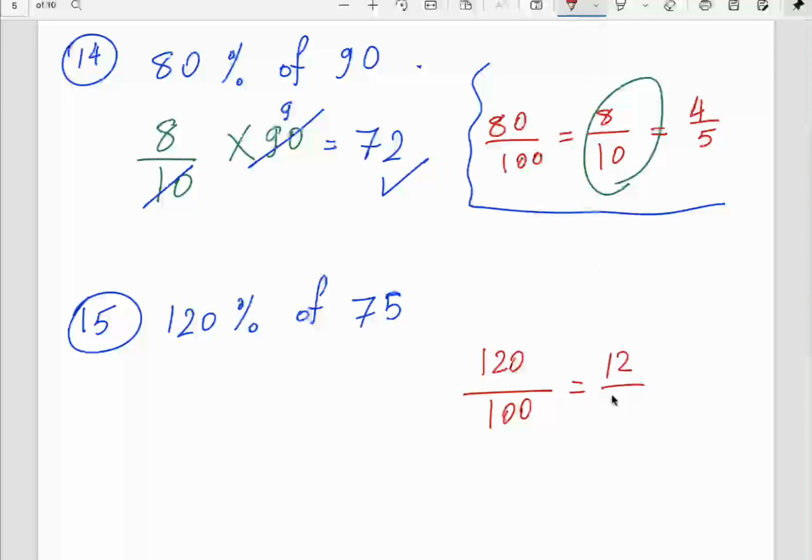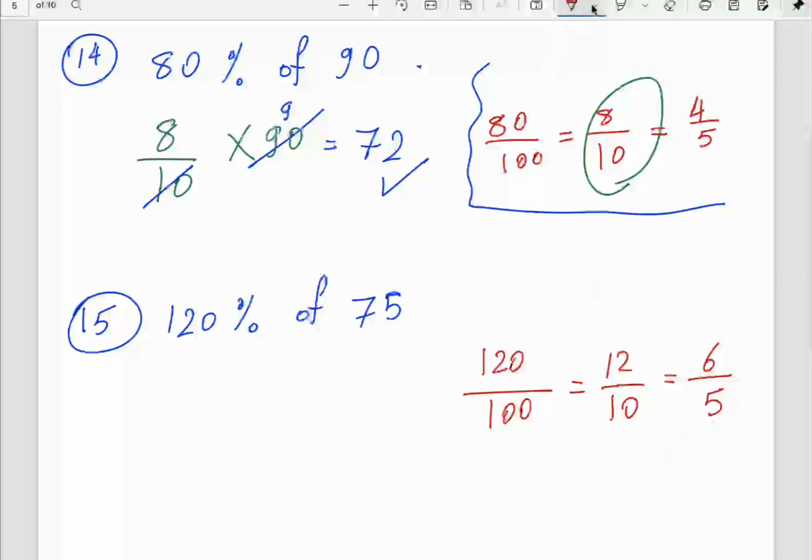It will be 12 over 10 divided by 2. Yes, divide by 2 quickly, Fahad. 12 divided by 2 equals what? 6. Okay, 6 over 5.